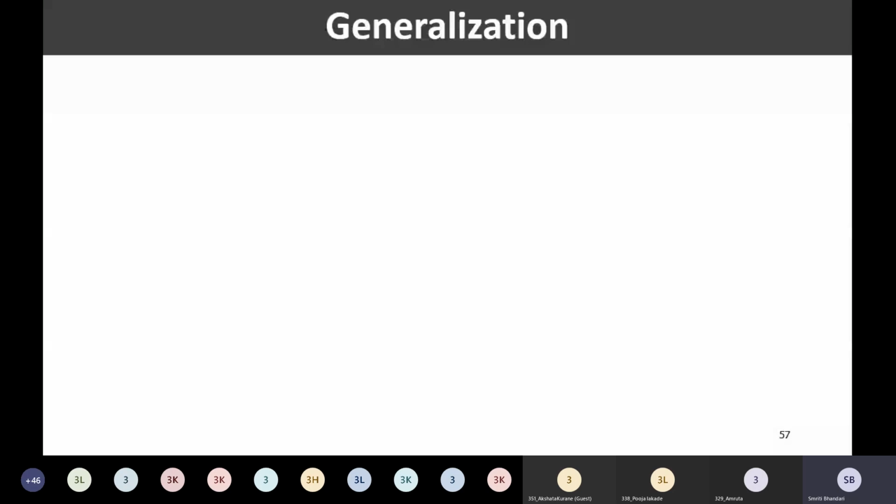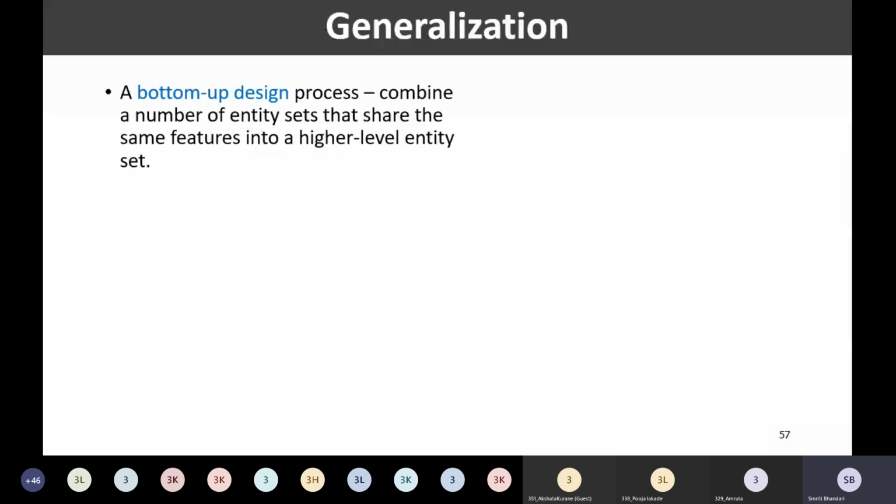So I'm just going to introduce now the generalization and then we'll stop. Generalization, as I stated, is a similar kind of concept, but specialization is a top-down procedure, whereas generalization is a bottom-up procedure. In generalization, we combine a number of entity sets that share some same features, and we form the higher level entity set.